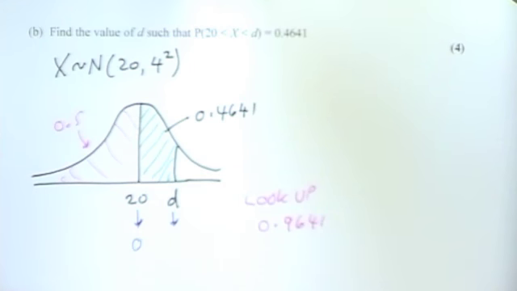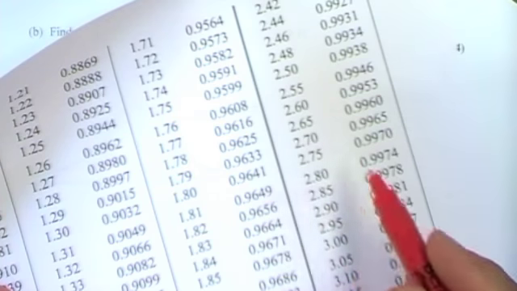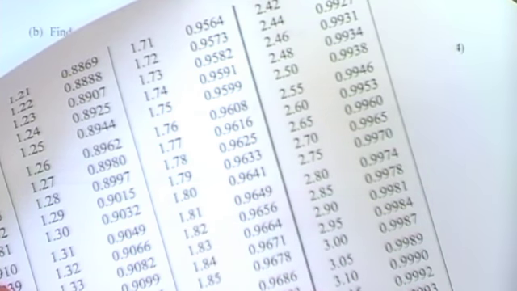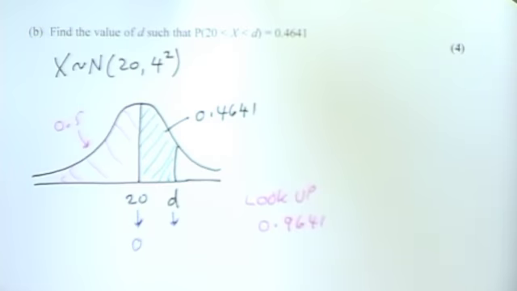So if we look that up in our table, 0.9641 gives us an answer of 1.8 for z. So 1.8.